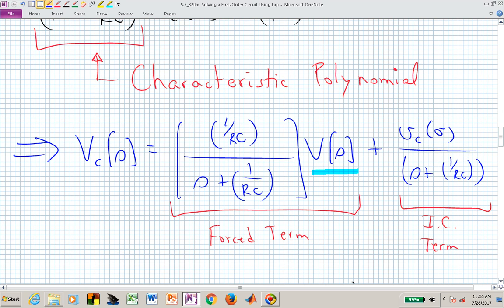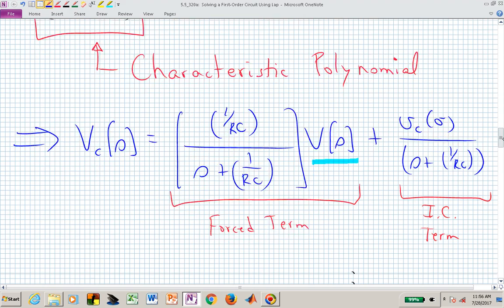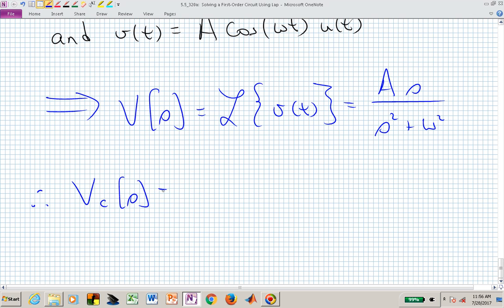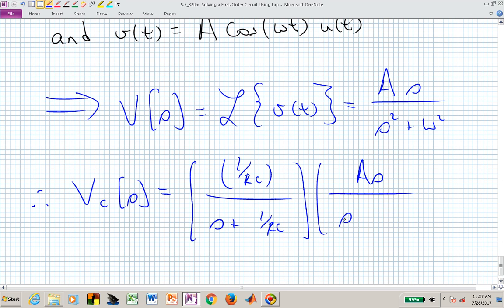We now simply need to scale capital V of s, or multiply it by 1 over RC divided by s plus 1 over RC, to obtain capital V sub c of s. Or V sub c of s is now 1 over RC over s plus 1 over RC times A s over s squared plus omega squared.